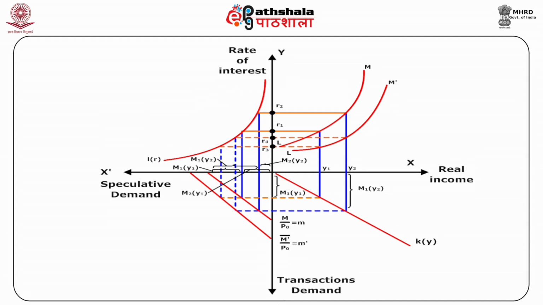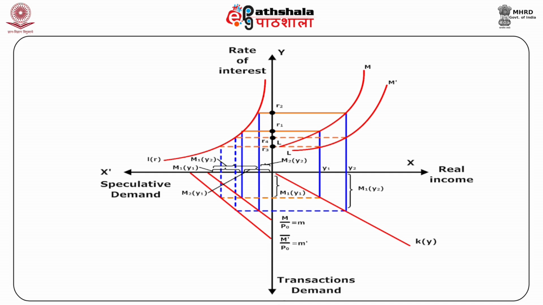Similarly, if we take the erstwhile level of income y2, and on similar lines take m1 y2 and proceed to the new money supply equation, the triangular line to the left of the old triangular line, you would see that m1 y2 is going to remain the same.